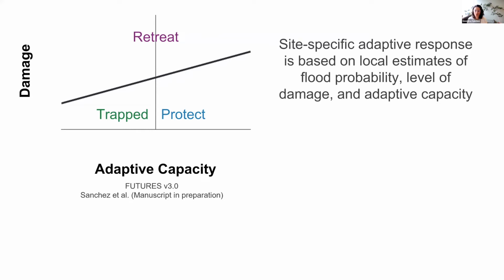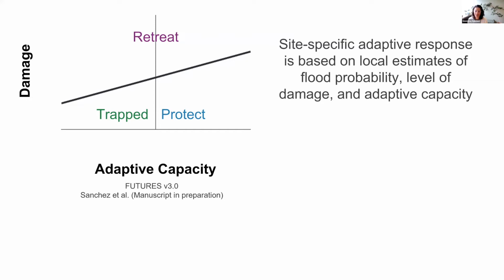We are able to capture an array of alternative scenarios of what may happen under different assumptions or political conditions or economic conditions. We are now able to calculate a site-specific adaptive response based on three parameters: local estimates of flood probability, the level of damage, and adaptive capacity.